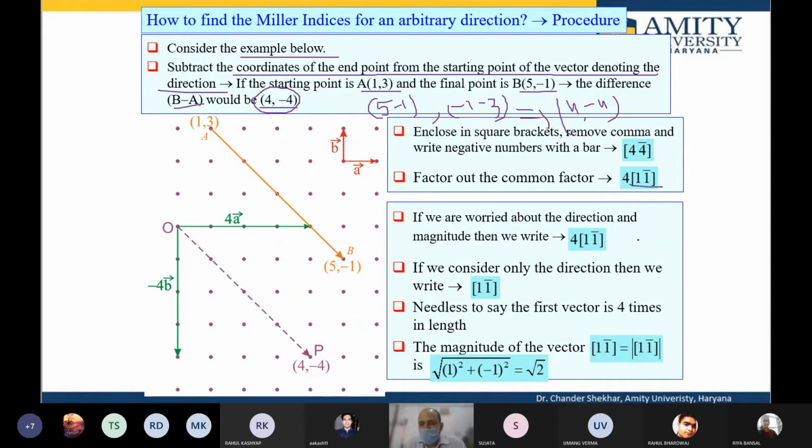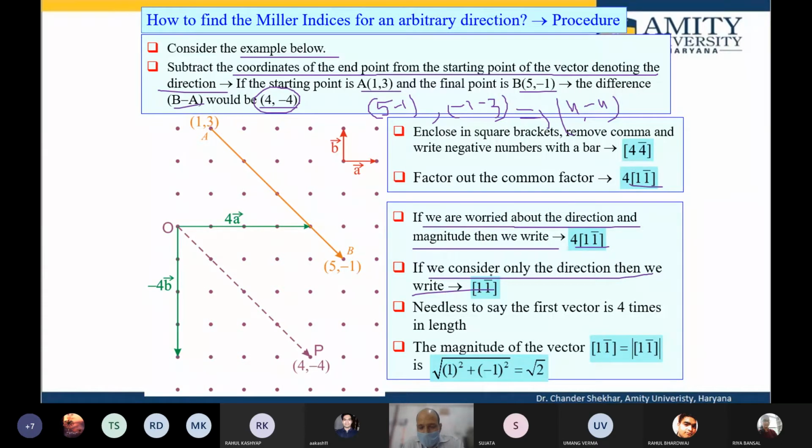The 4 can be taken out, and this is the Miller indices, and the magnitude.